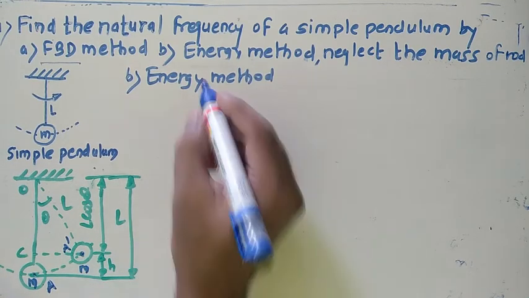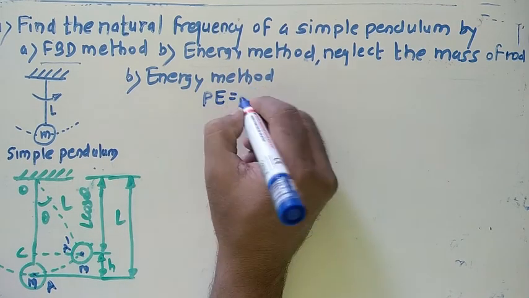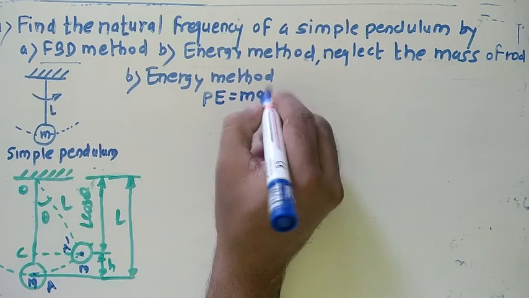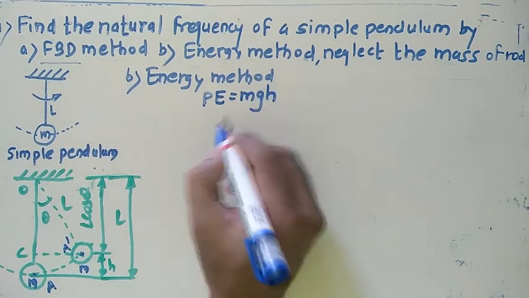So first of all, get the potential energy. Potential energy is a simple concept; we know the relation mgh. So what about this h?